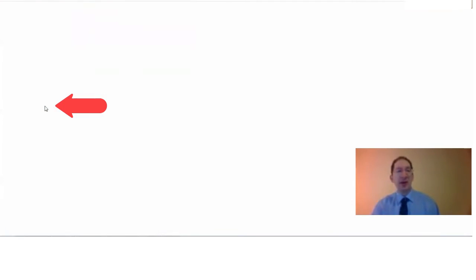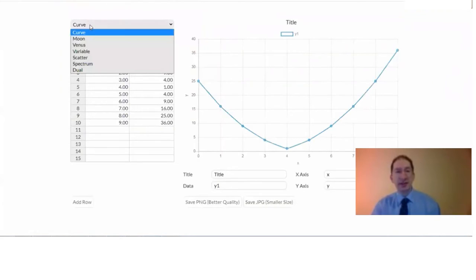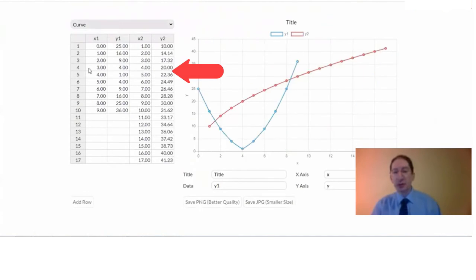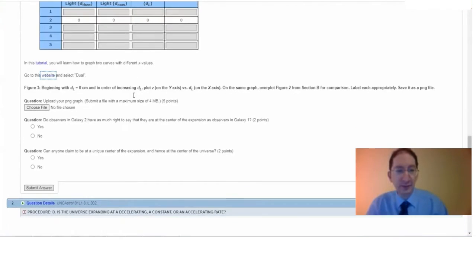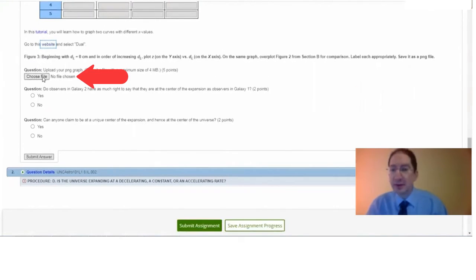And then you'll go to the graphing website, and this will be the option called dual. And you'll plot, again, both Hubble's law from galaxy 2 and Hubble's law from galaxy 1 and see if they're the same or different. You'll save that, upload it here, and then you have two questions to answer.